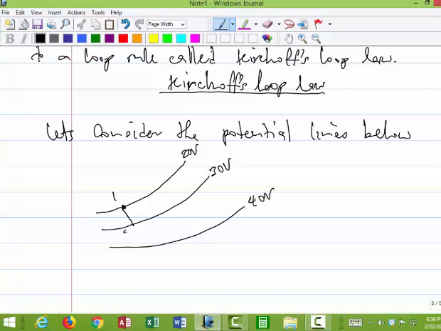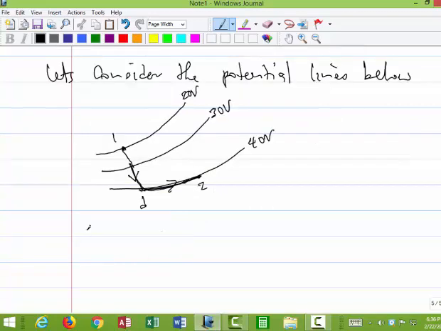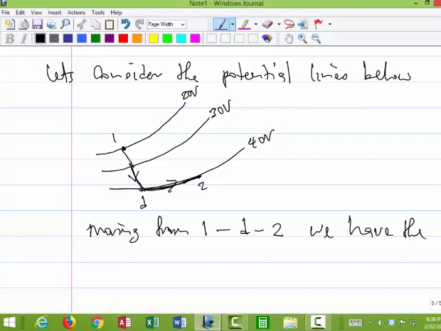The charge moves this way to this position, let's say this is D, and then from here it moves to another position, number 2. And then we can move the charge a different way. So moving from 1 to D to 2, we have the following.